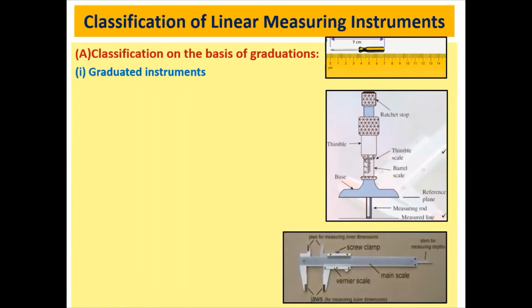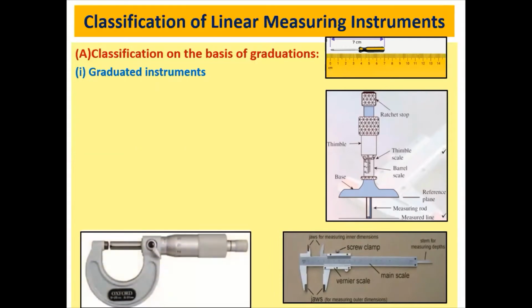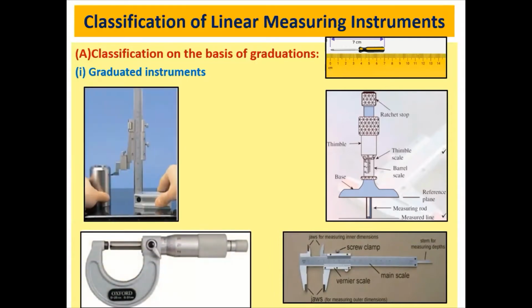Vernier is also a graduated instrument. Micrometer, and then this is a vernier height gauge. Whatever instruments I have shown, all these have a linear graduation, meaning whatever divisions are shown are linear graduation.